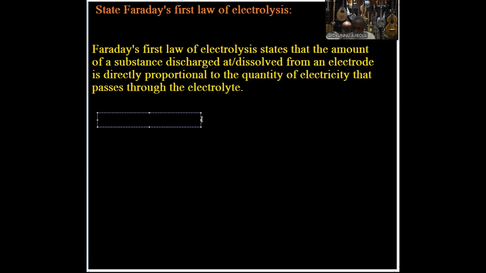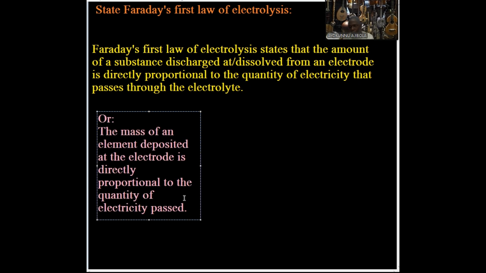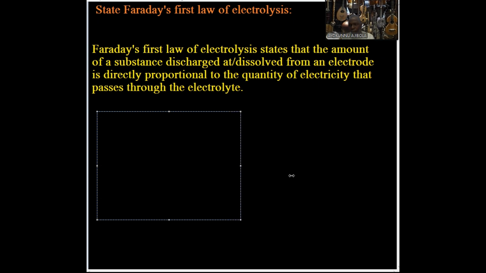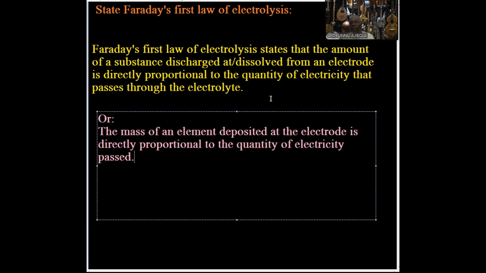Let's check this alternative way of defining it. You can say the mass of an element deposited at the electrode during electrolysis is directly proportional to the quantity of electricity passed across the electrolyte.